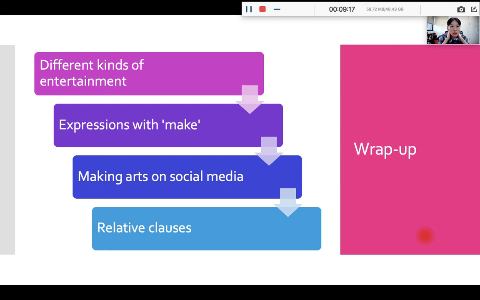And we also learned different expressions with make. So what are they? What are the expressions with make we learned today? Make a good living, make the most of, make way for, make sense, make a splash, make up somebody's mind, make a difference, make an impression. Do you know how to define them in your own words?